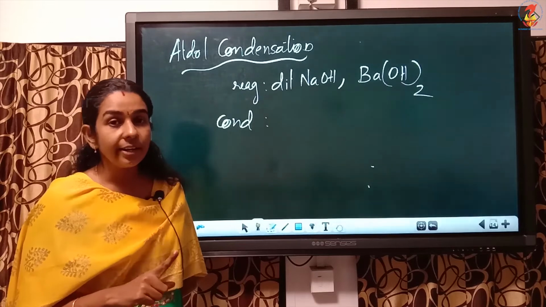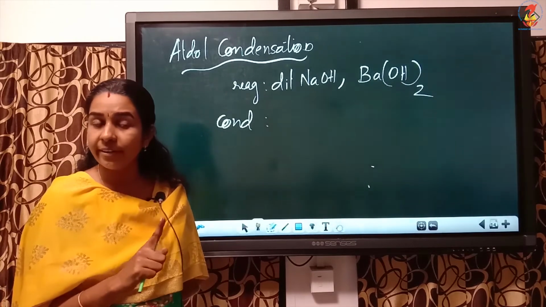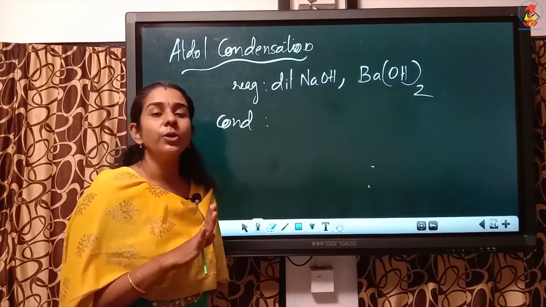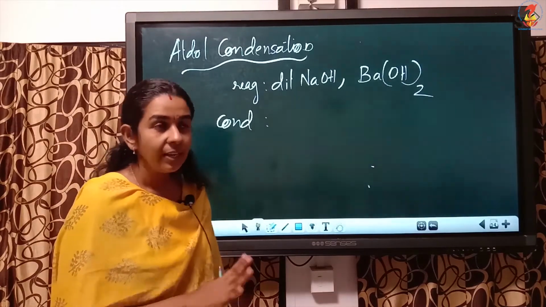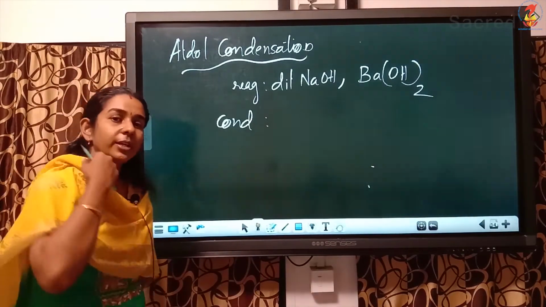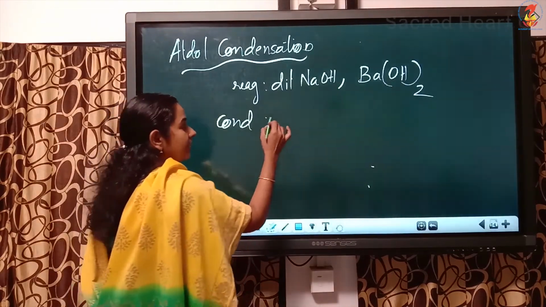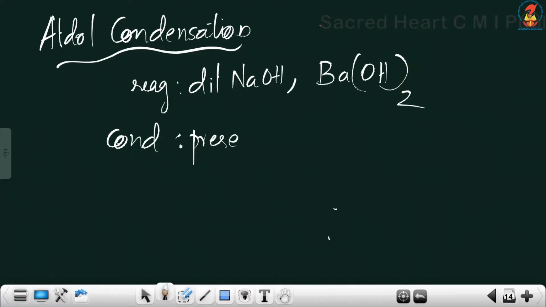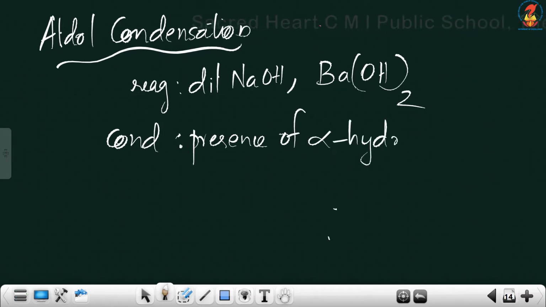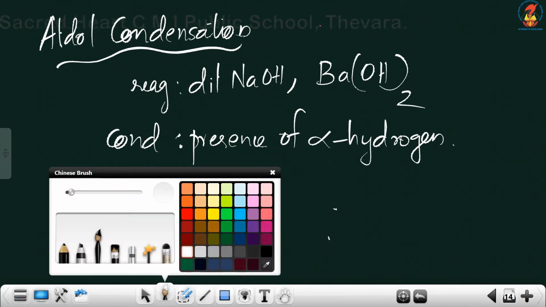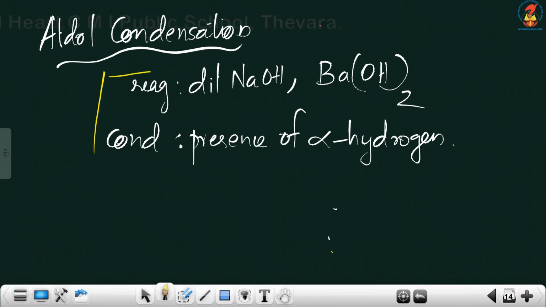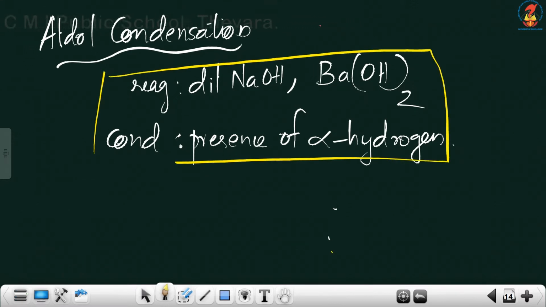Those aldehydes which do not contain alpha hydrogen can undergo Cannizzaro reaction, but the condition for aldol condensation is presence of alpha hydrogen. Presence of alpha hydrogen. So, mark it inside a box.